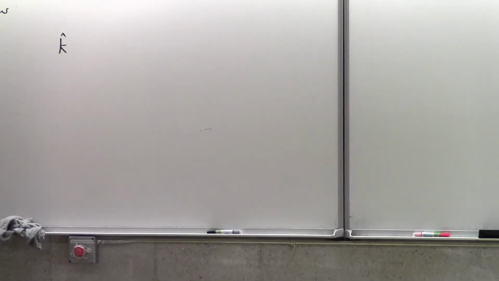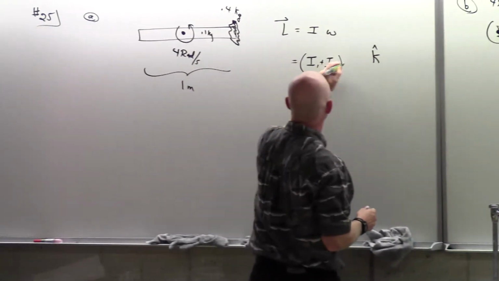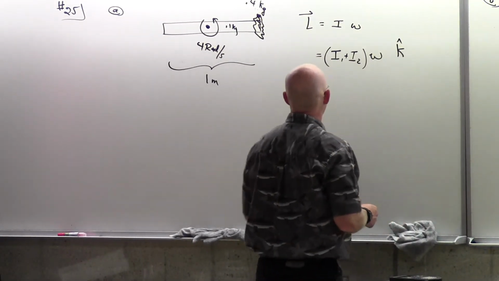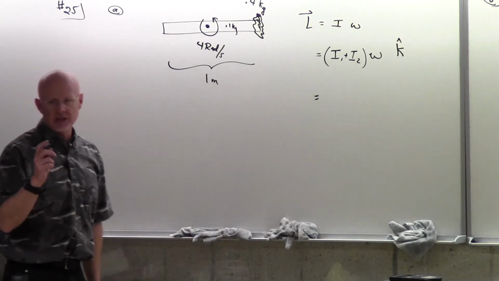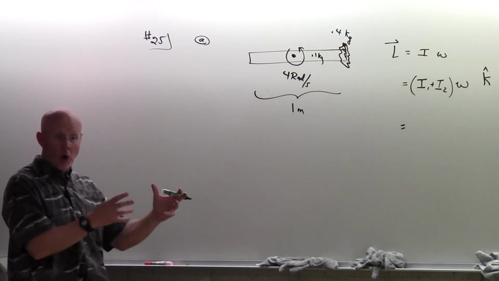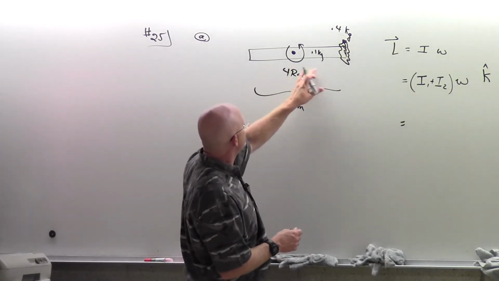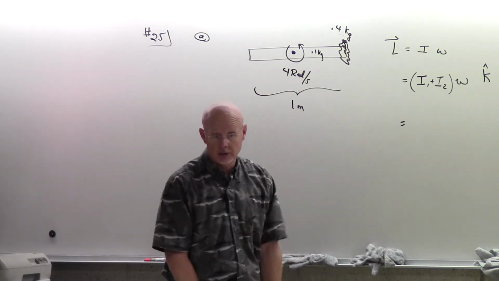But I think the real point of this problem really is more like chapter 10, is how am I going to get then the moment of inertia? And so it's the two pieces added together. And the two pieces then are, number one, a meter stick, which I'm going to treat as a rod, and so a rod rotating around its center.